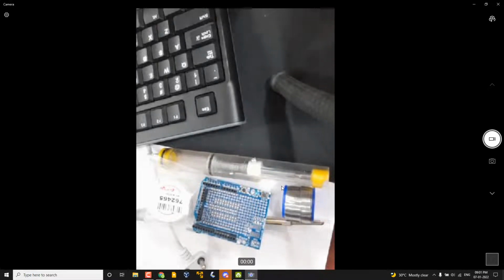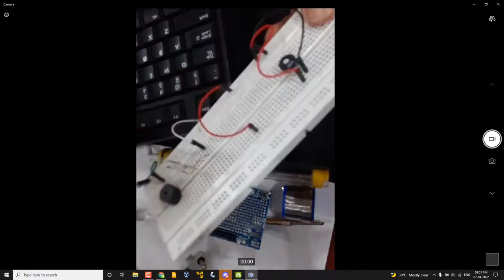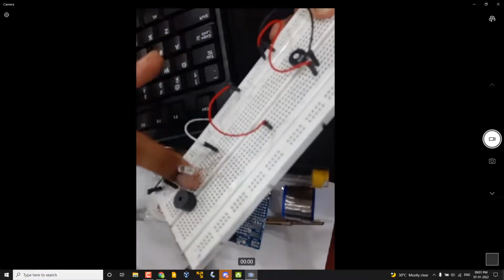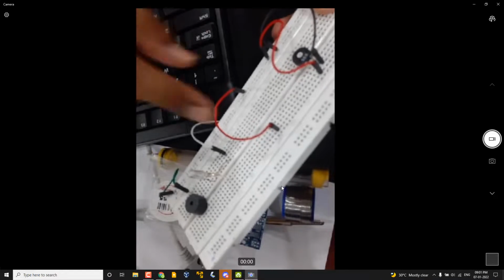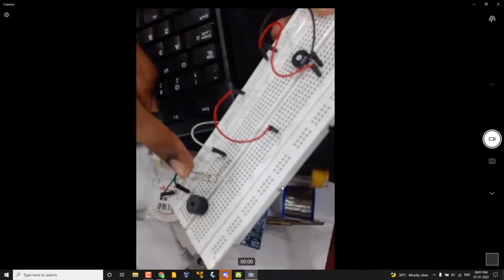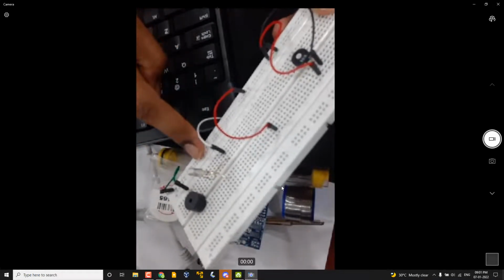So we have seen the breadboard, right? Here is the breadboard. Breadboard is for prototyping, meaning if you want to create a circuit, for example blinking an LED, you can use the breadboard.